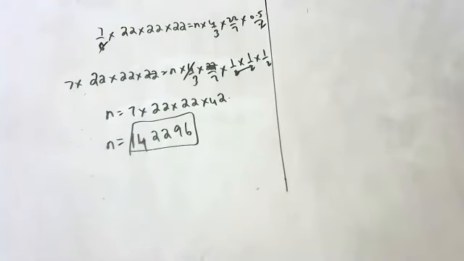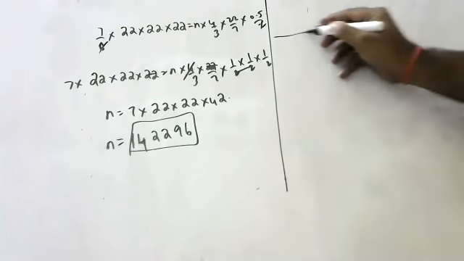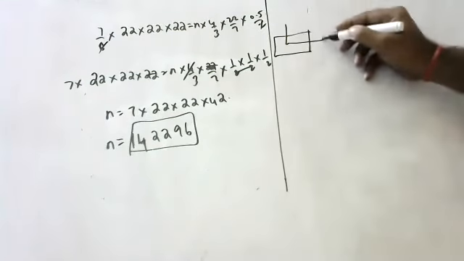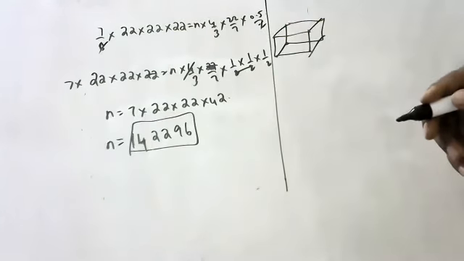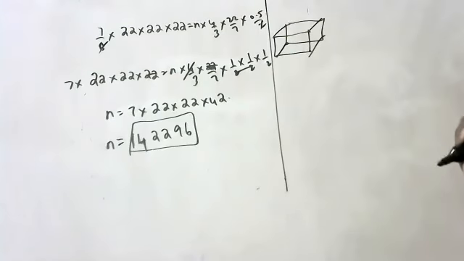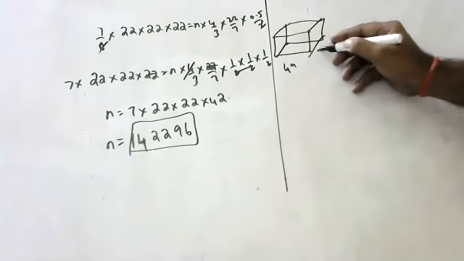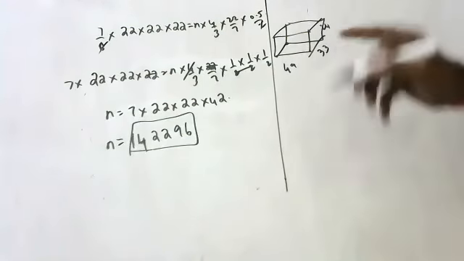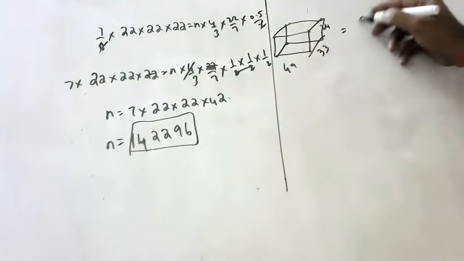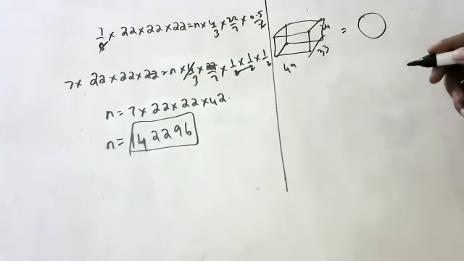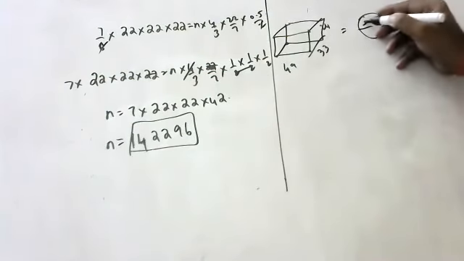Varshini, you did. A solid iron is in the form of a cuboid of dimensions 49 into 33 into 24. It is molded to form solid spheres. What is the radius of the sphere?